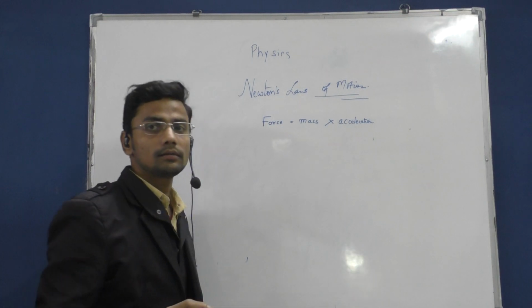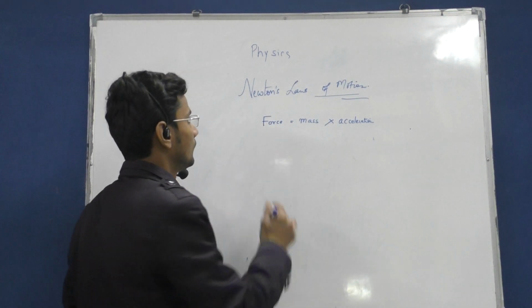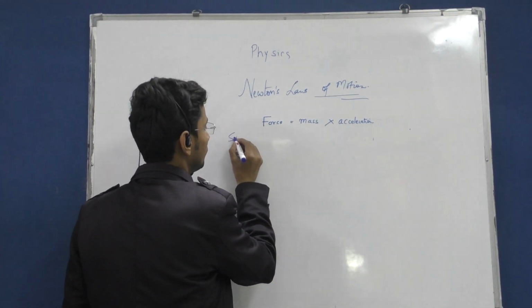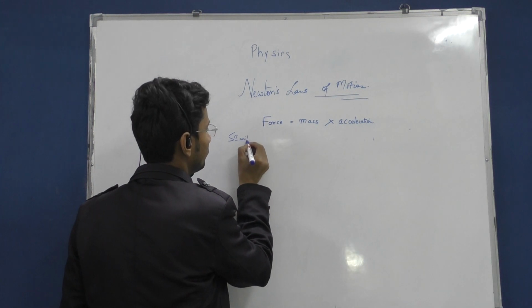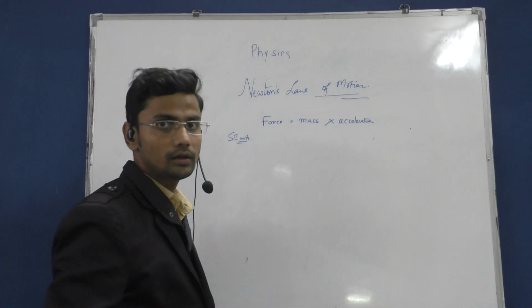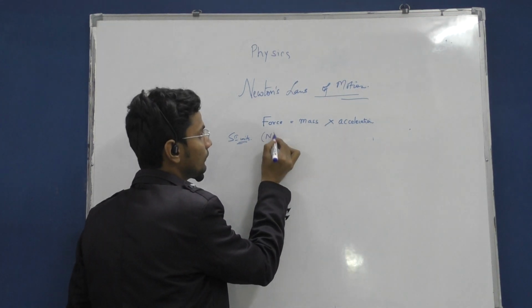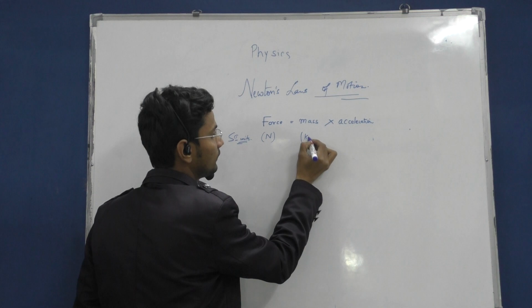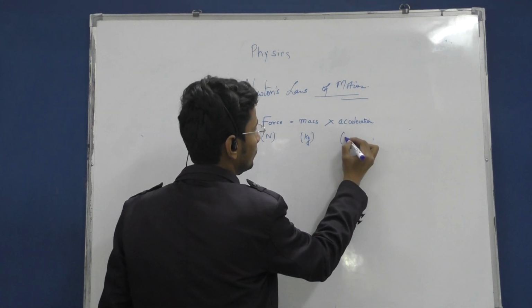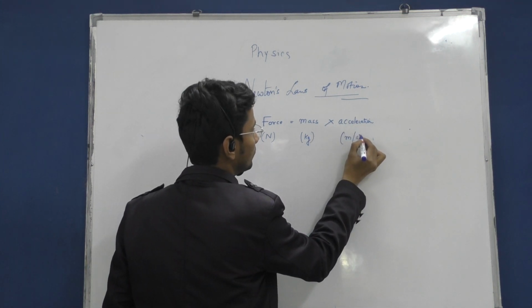Now, when I teach, it's all in SI units, so I suggest we must be very careful about using units in physics. Force's SI unit is Newton, mass's SI unit is kg, acceleration's SI unit is meter per second square.